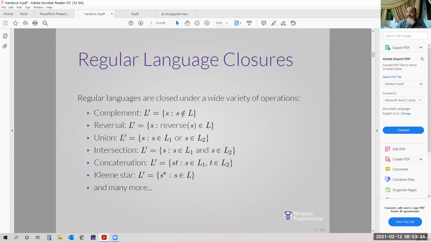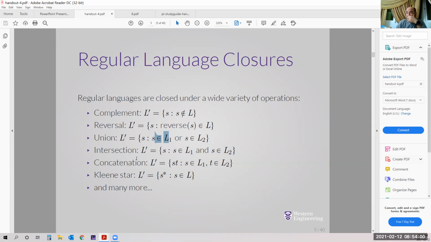Complement: if L is regular, then the complement is regular. Reversal: L prime is the reverse; if we have a string S that belongs to L, we reverse S. Union: L prime, where given S, S belongs to L1 or belongs to L2.